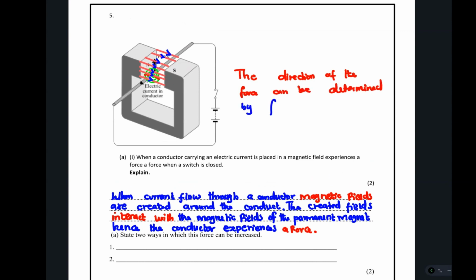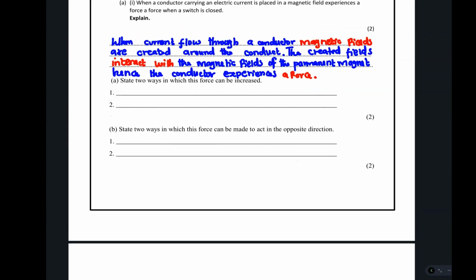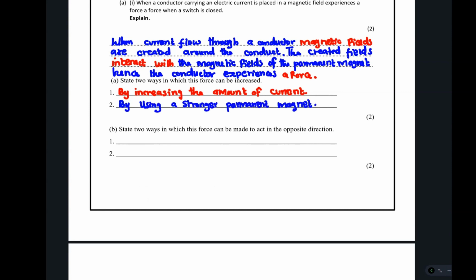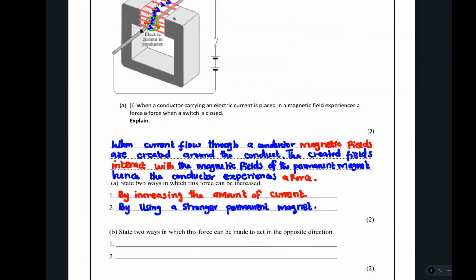I needed to also mention that you can determine the direction of this force by Fleming's left-hand rule. Now, by increasing the amount of current in the conductor, you are going to increase the force, and also by using stronger magnets, which are going to provide strong magnetic fields.